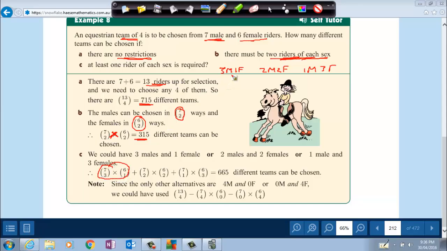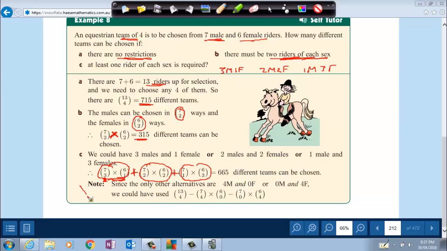This is the 3 males, 3 from the 7 and the 1 female, or we could have the 2 males and the 2 females, so 2 from the 7 males, 2 from the 6 females, or we could have 1 from the 7 males and 3 from the 6 females. Because I'm saying or, we could have that, or that, or that, then we use the plus from the sum principle. And so adding all them up, we get 665 different teams that can be selected.